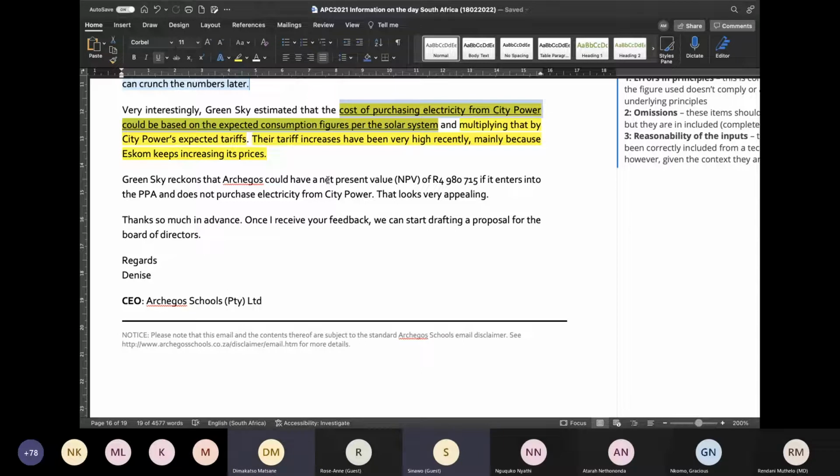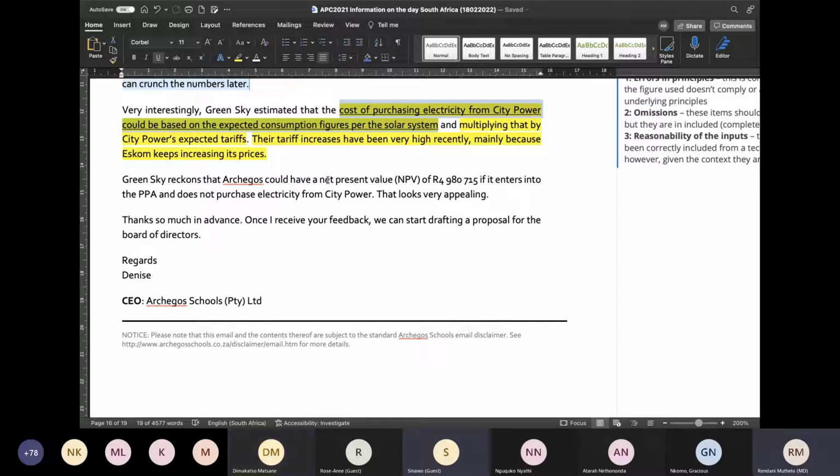That's what I was thinking when I was reading the statement, to say we cannot be using what is expected from the consumption from the solar power system, but multiplying with the rates from the City Power, because it wouldn't make sense. More electricity might be used from the solar system compared to the City Power.